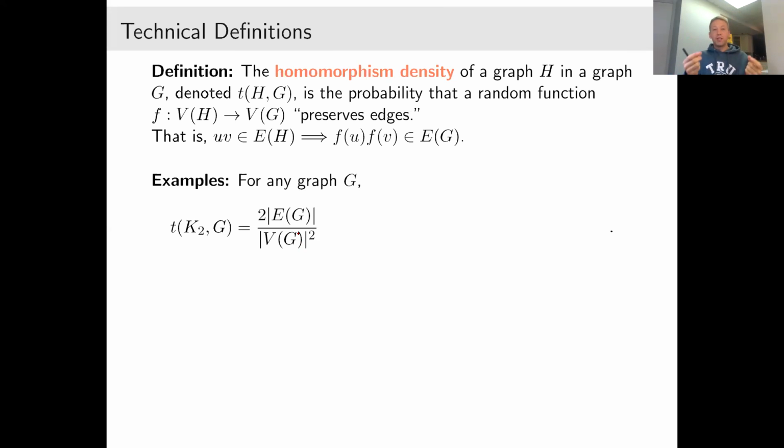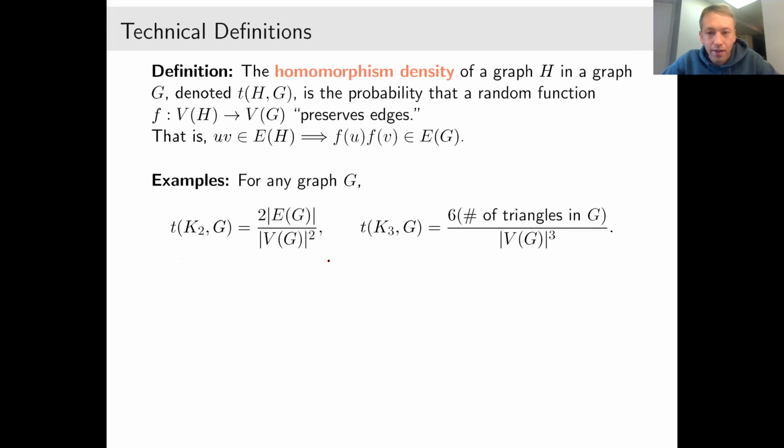If you have a graph G, every edge of G provides two edge-preserving functions from K2 to G, by mapping this way or that way, mapping to the endpoints in either orientation. And every non-edge contributes 0. So this is your K2 density, which we also often call the edge density.